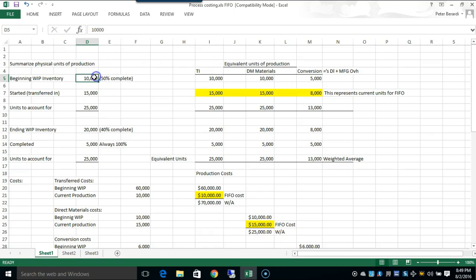Take your percent complete, multiply it by your beginning WIP inventory physical units to convert into equivalent units. This must equal this. Top must equal bottom total. Therefore, your difference is your started. So your equivalent units of production is simply the difference between your total and your beginning WIP.